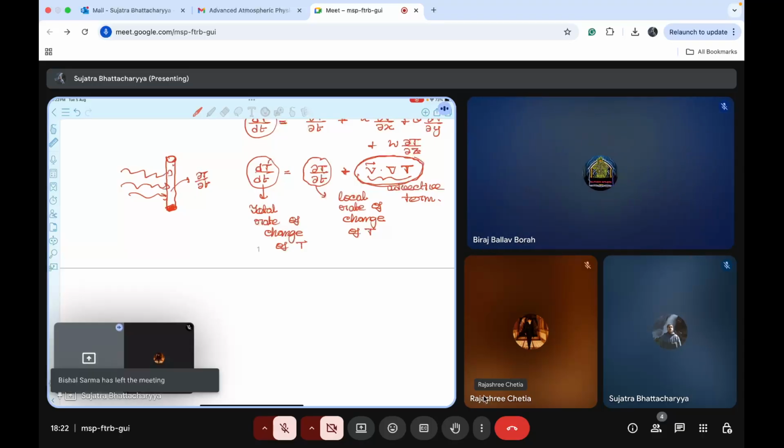Winds carrying some temperature changes. Okay. So this is the physical meaning of the material derivative or the total derivative. Mathematically, total derivative is equal to local derivative plus advection term.